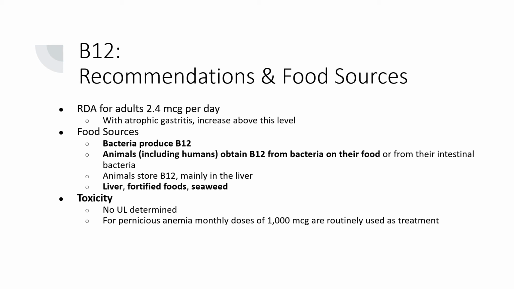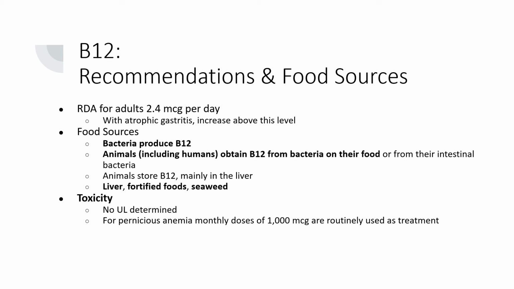Animals do not make B12, but because they typically live more close to the soil than humans do, animals are often exposed to these B12 producing bacteria by living in and rolling around in and eating very closely to the soil.